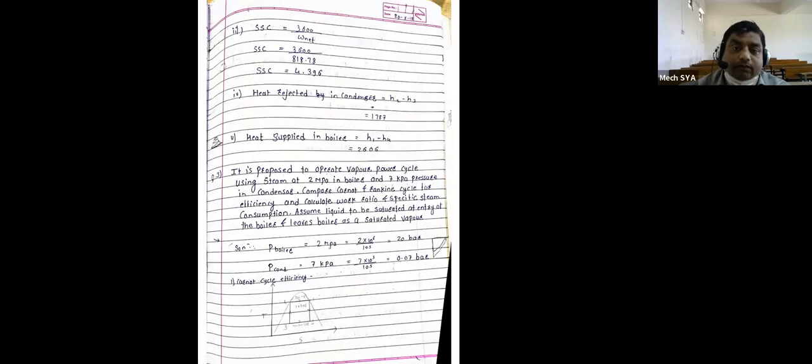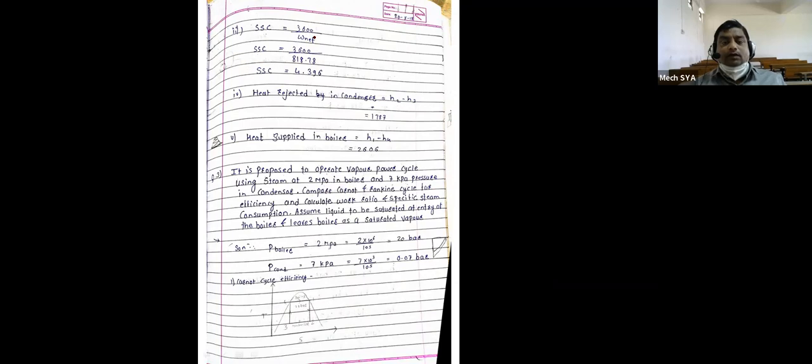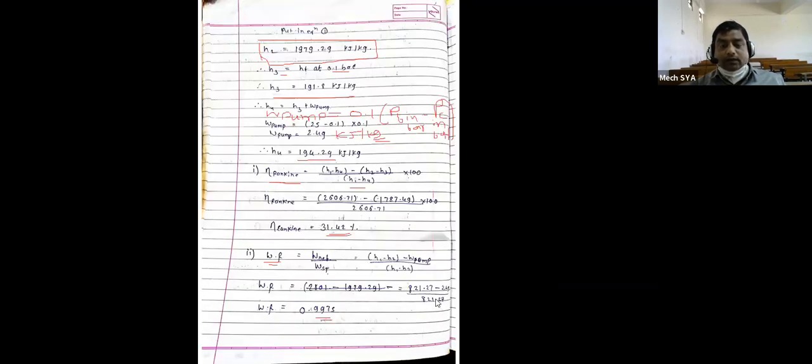Okay, next parameter is what? Specific steam consumption. Specific steam consumption is equal to what? Again, 3600 divided by W net. W net is equal to what? Here we have calculated W turbine minus W pump, 821.27 minus 2.49.